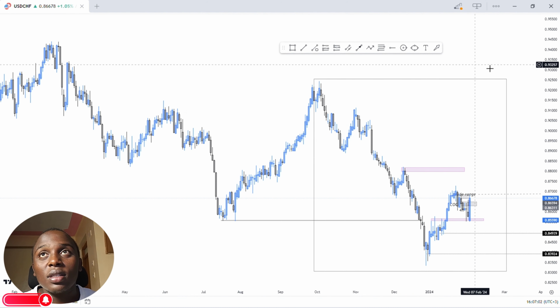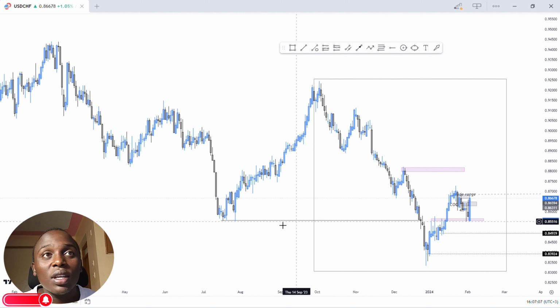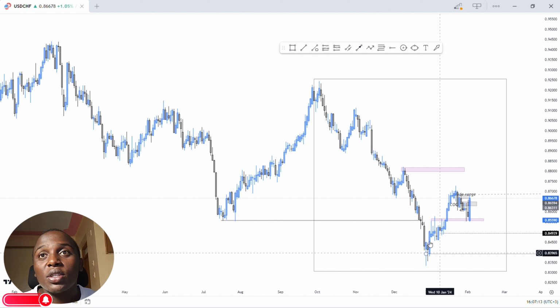So this downtrend which has been formed out here is a push phase of this daily time frame downtrend, and this small subsection right here is just a pullback of this push phase.